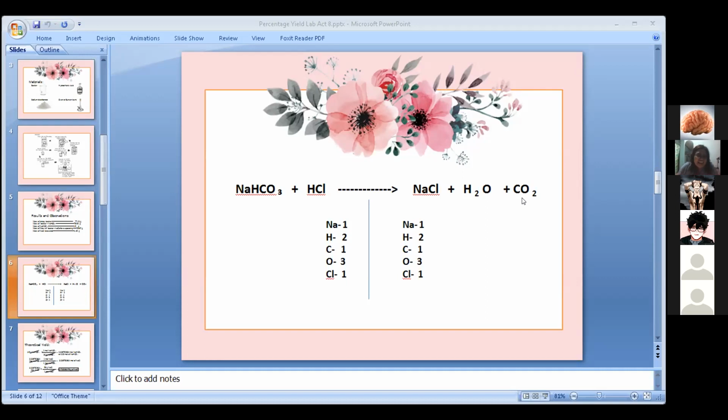So this one is a very important experiment because as a pharmacist, you have to know which reactions will give you products.